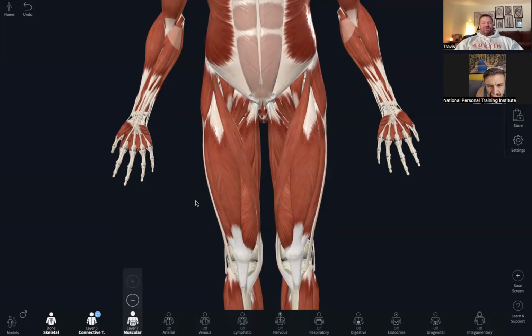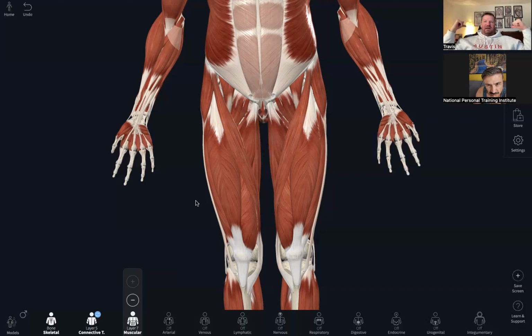If our starting position is a front squat, that's going to be more quadriceps. If it is a low bar back squat, that's going to be more glutes because of the position of our base of support. We got to think of a squat as center of mass over base of support, and we're just moving and trying to maintain balance.